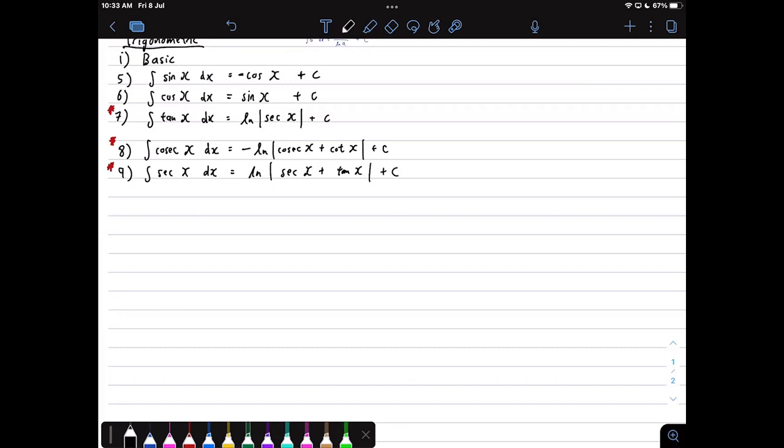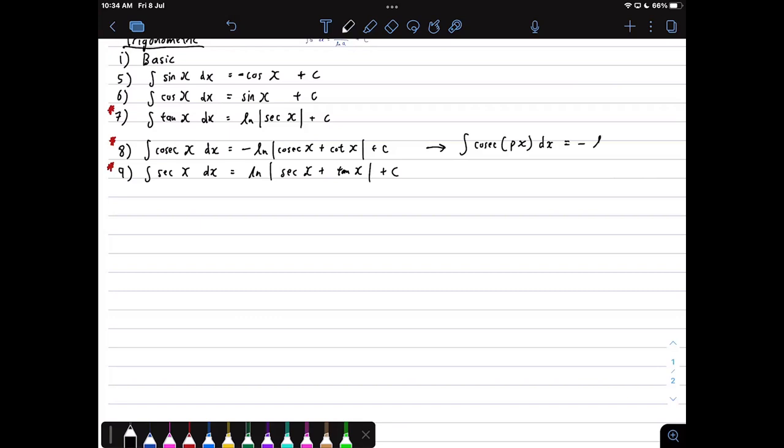Just take note, for every one of these formulas, if the 1x is actually a px, what happens? Everywhere else also needs to change to px. But with reverse chain rule, what else do I need to do? Times 1 over p. Times or divide? We are doing integration here.